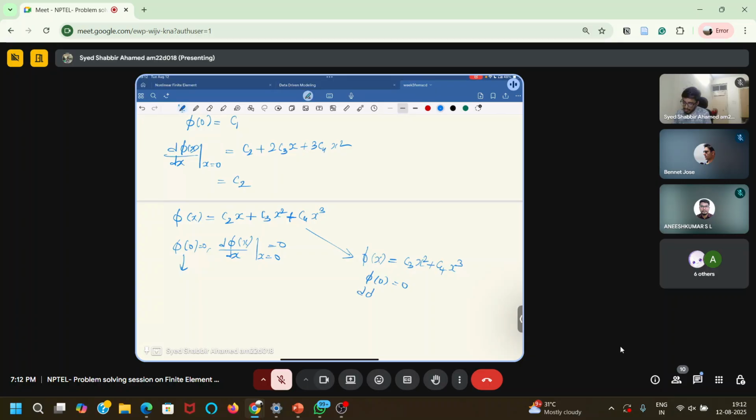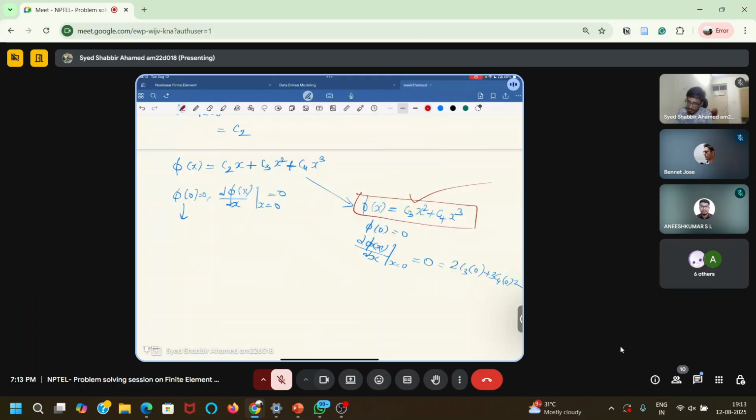And d phi of x by dx at x equal to 0 will be 2 C3 times 0 plus 3 C4 times 0 square, so this will also become 0. So the essential boundary conditions are getting satisfied. We can assume this as the approximate solution. This is kinematically admissible.